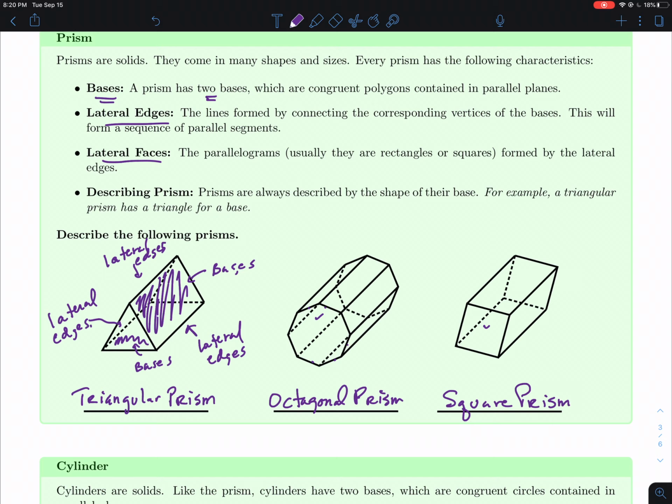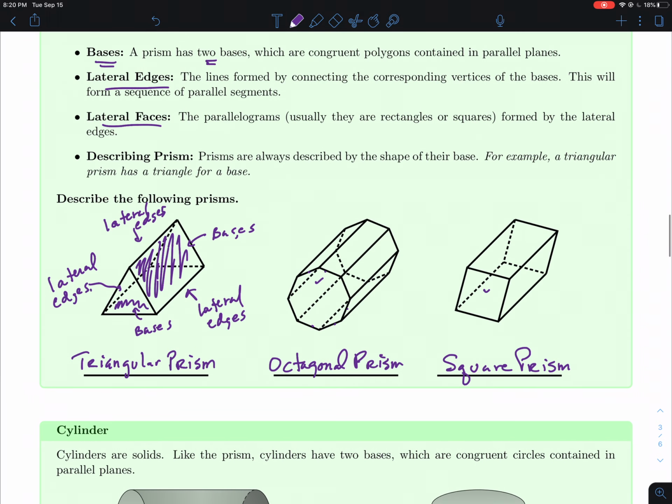So keep that in mind when you're looking at these, because sometimes people will get confused and call it a rectangular prism just because four of the sides are rectangles, when in reality, it's the 2 sides that match that are the ones that actually count, not those other 4 sides or 8 sides and things like that. All right.